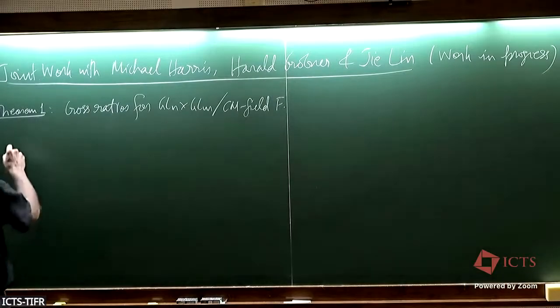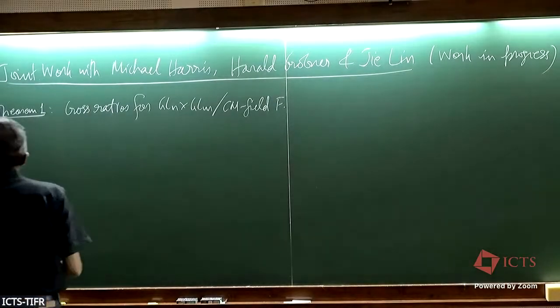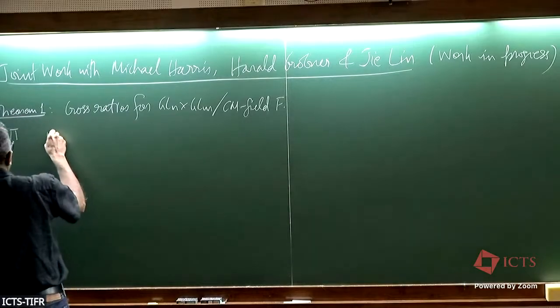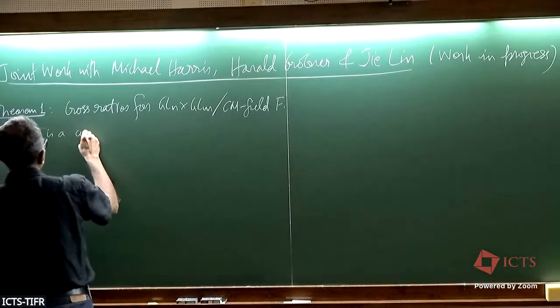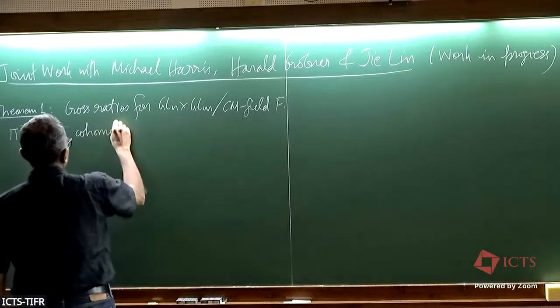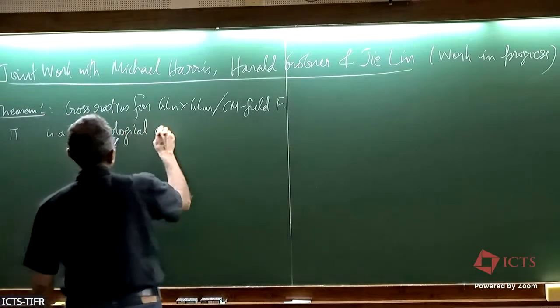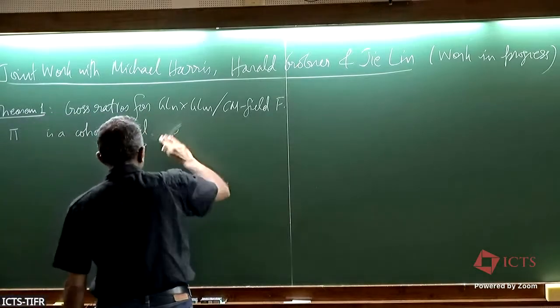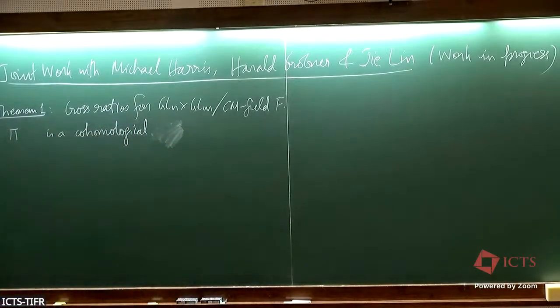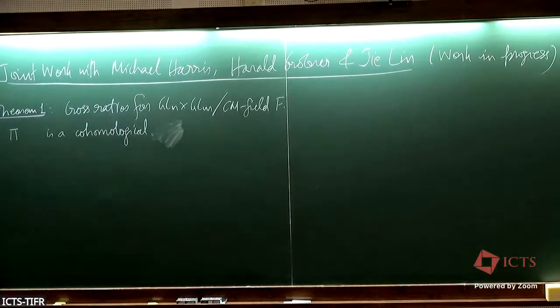So let's say pi is a cohomological representation. An important aspect to mention, especially if you want to pull off these kinds of applications, is the cross ratios theorem for this group for algebraic automorphic representations.